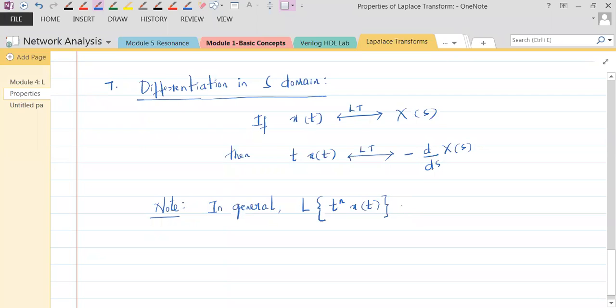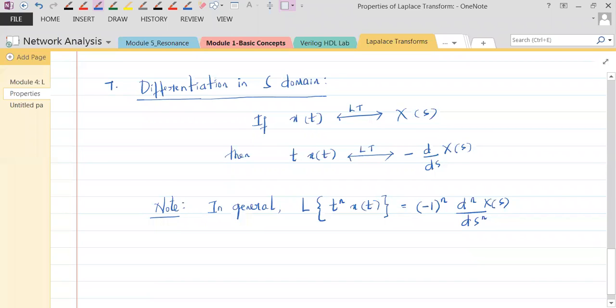This would be equal to minus 1 to the power n. Whatever power you have on this t needs to be given to this minus 1. So minus 1 to the power n, and the same power would go to the differential. The order of the differential would also change accordingly.